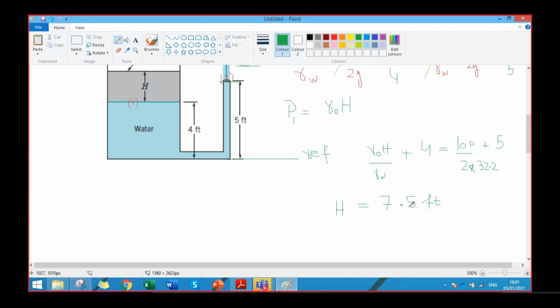So it is 2 into 32.2. Any further queries in this? Is it clear?